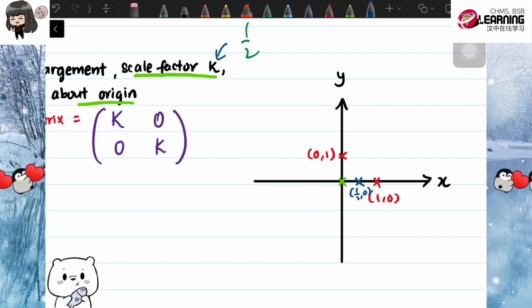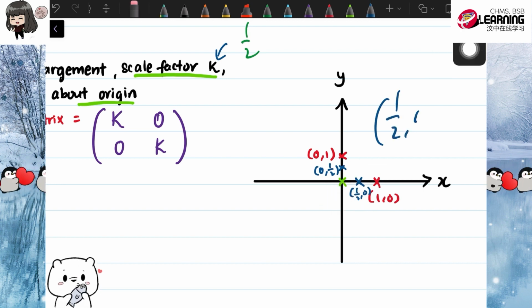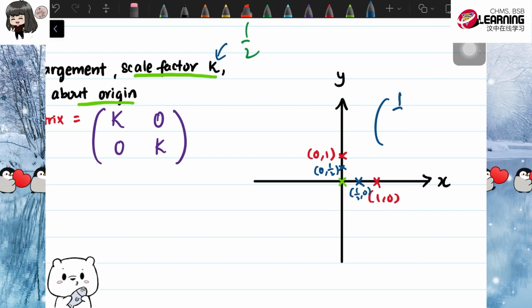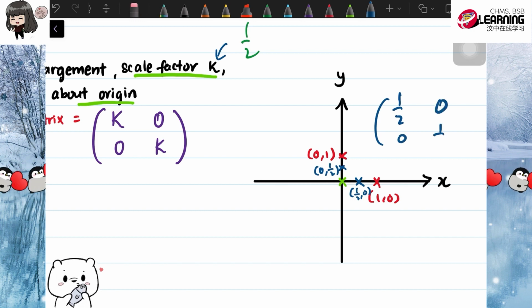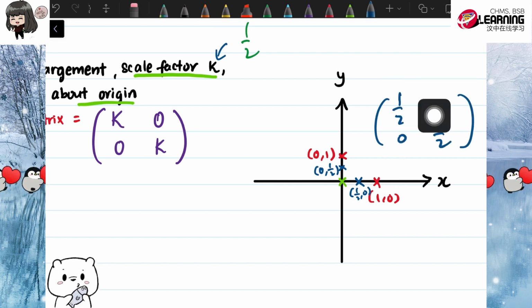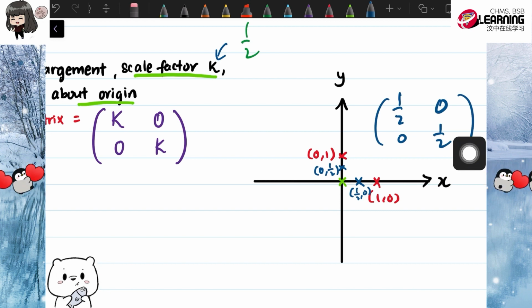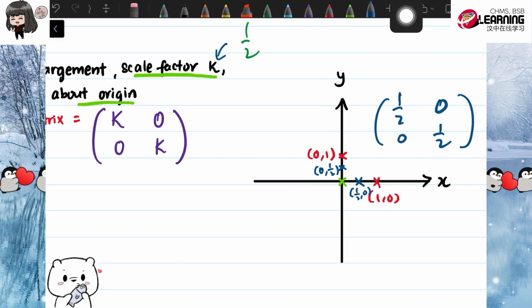And then 0, 1 will be here, so 0, half or 0, 0.5, right? So your coordinates will become: 1, 0 goes to half, 0, and the matrix is half, 0 and then 0, half. It will still be K, 0, 0, K.